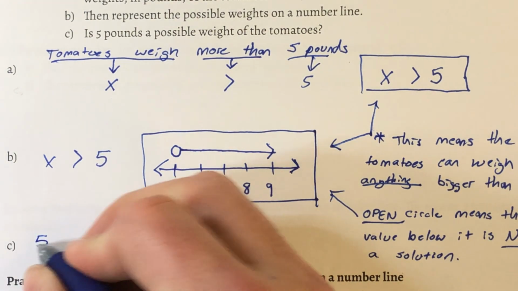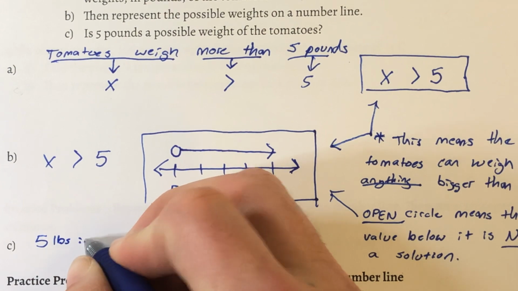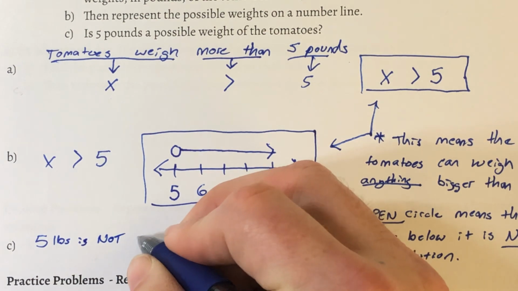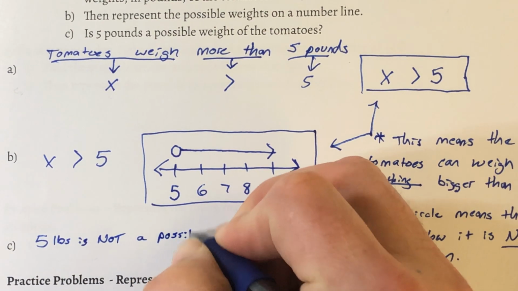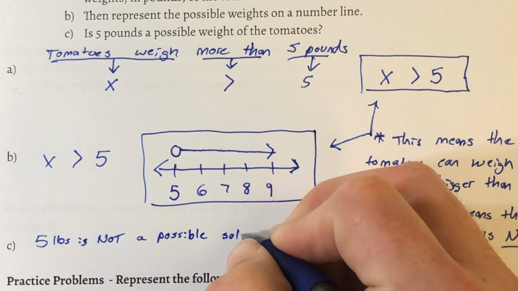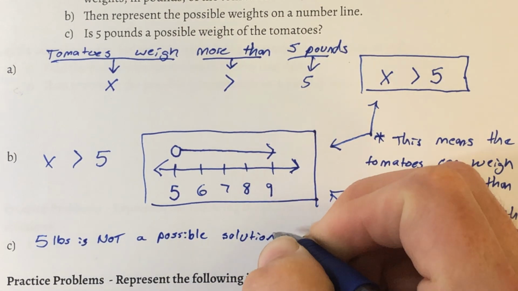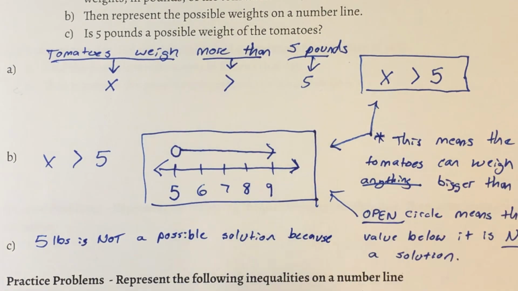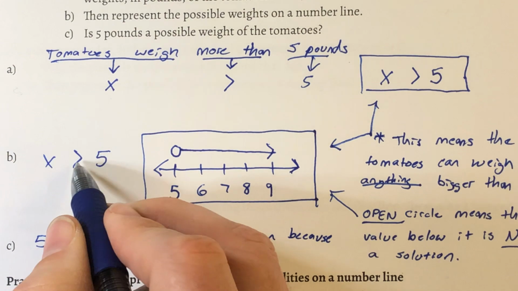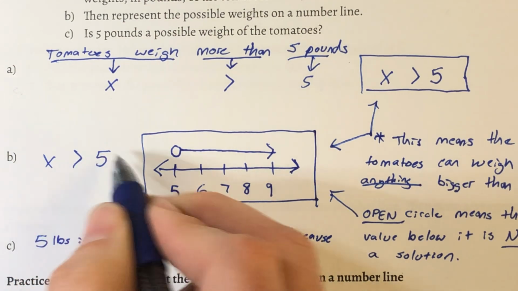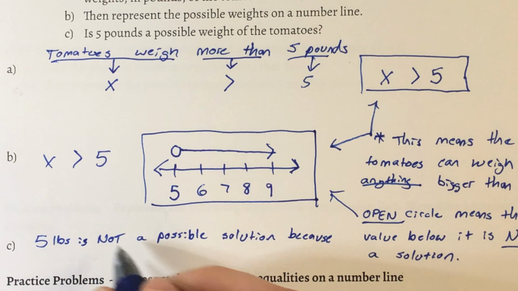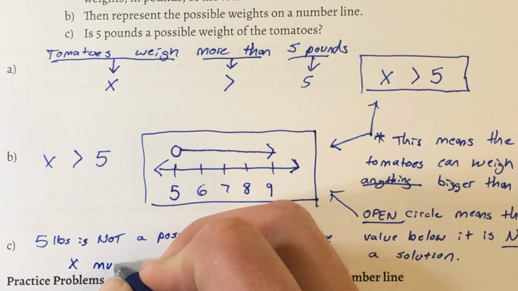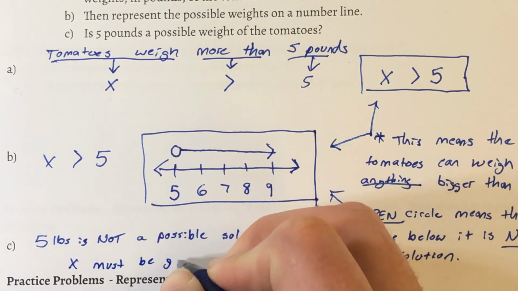So we're going to say 5 pounds is not a possible solution, and you should give a reason. So why? Well, because it clearly states x must be larger than 5, or x must be greater than 5. So 5 pounds is not a possible solution because x must be greater than 5.